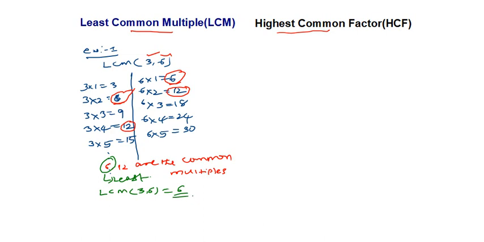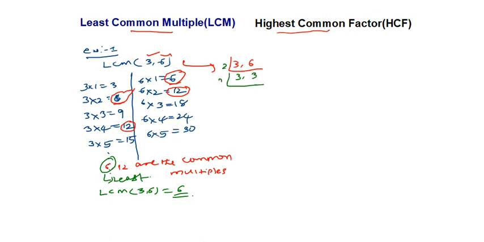Normally we found this by using the method of writing multiples. But if you get this question in your exam, how do you find the LCM of 3 comma 6? This is the shortcut. 3 6, so 3. Here 3 will not divide 3 evenly by 2... 3 3 is 6.